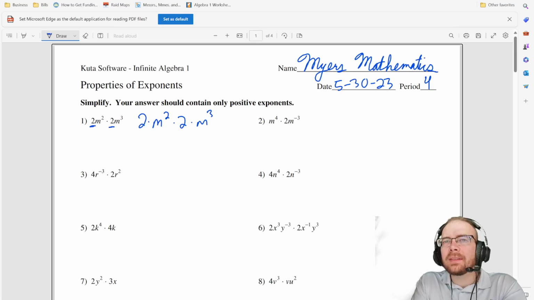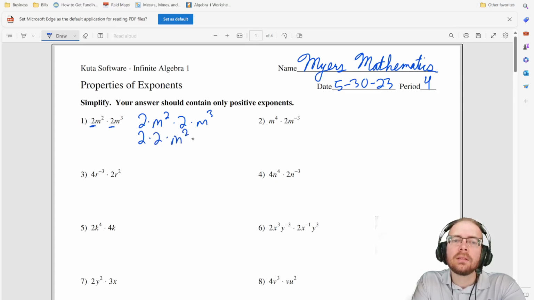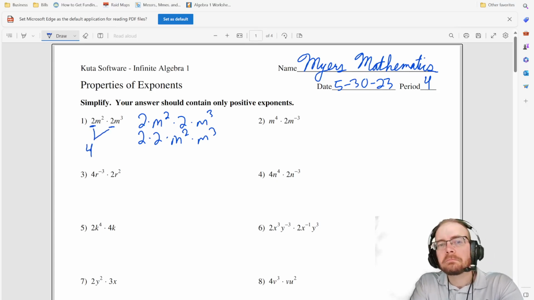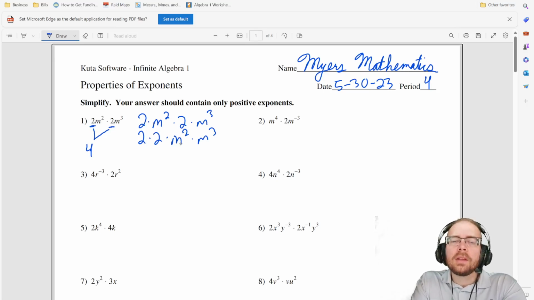And because everything's times, it can go in whatever order I want it to go in, which means I can instead write it as 2 times 2 times m squared times m cubed. And so then because of that, we can just take the 2's and multiply them and get 4. Boom, done.